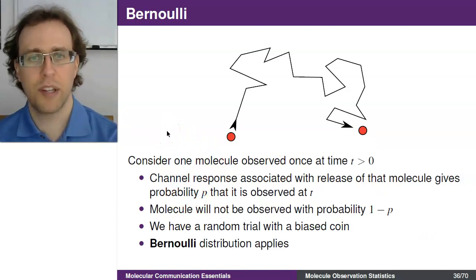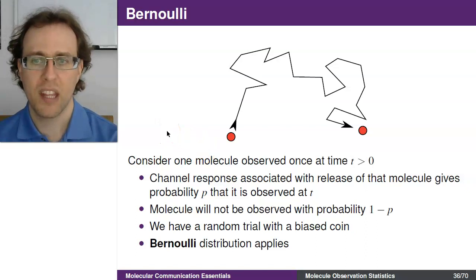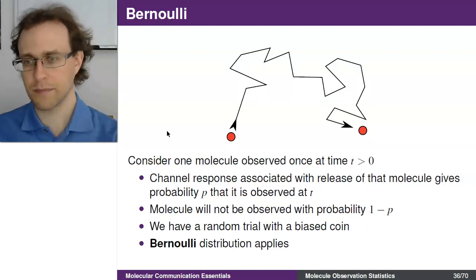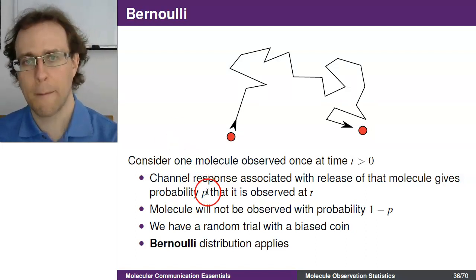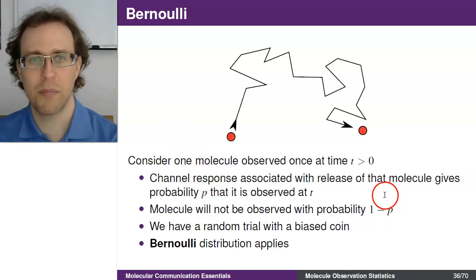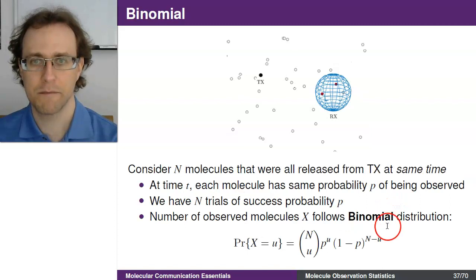So we have a probability p that the molecule is observed, and a probability 1 minus p that the molecule will not be observed. What we have here is a random trial with a biased coin, so we can apply the Bernoulli distribution, which is fairly straightforward. We have a coin flip: probability p it is observed, probability 1 minus p that it is not observed.